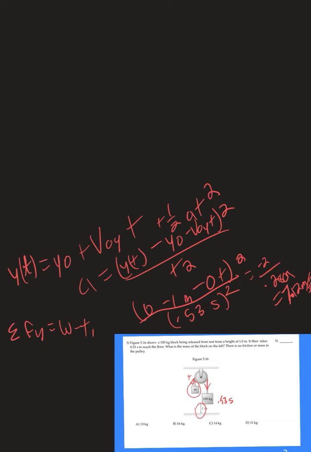So obviously we don't know the first one, so we do the second one, which is 100 kilograms times acceleration, minus 1,000 newtons, right? 100 kilograms times 7.12 meters per second squared, which is what we got before, is negative 712.